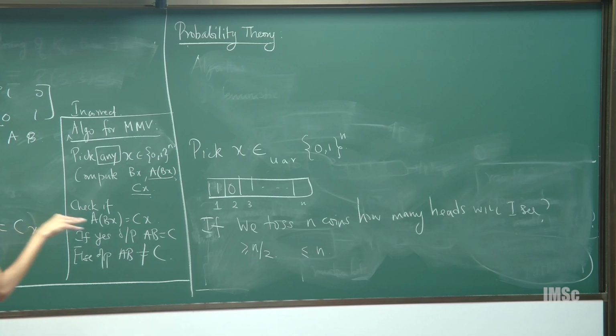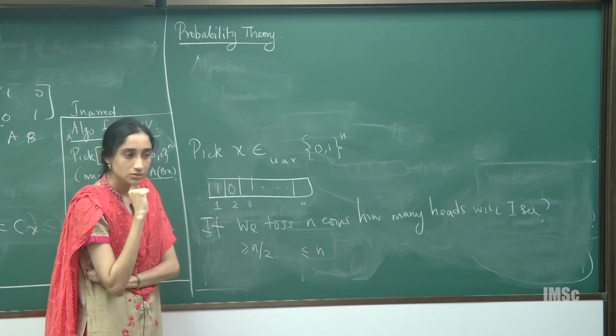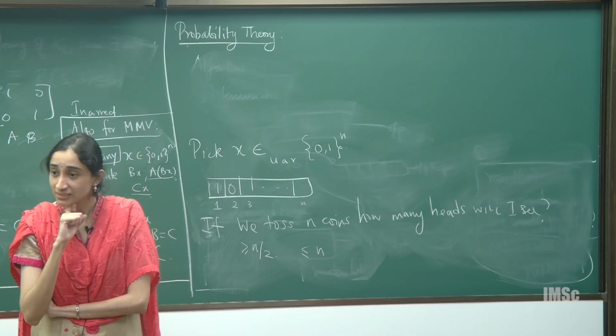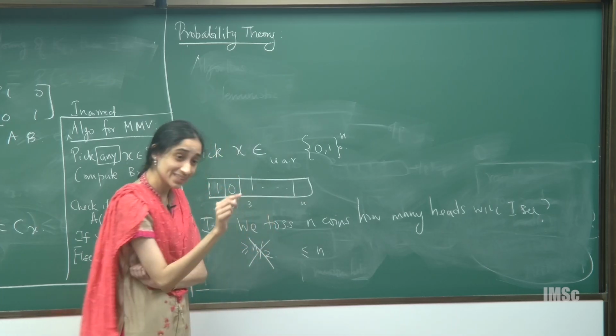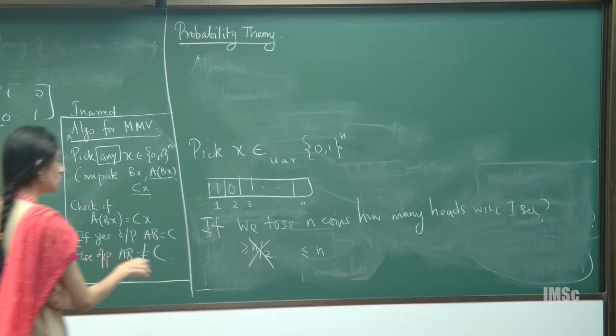So if I toss n coins, is it possible that all of them are tails? Yes. So how can you say at least n by 2 heads are there? It's incorrect, right? So at least n by 2 is incorrect. But there is something which he said that is correct, it's just that the English was incorrect.